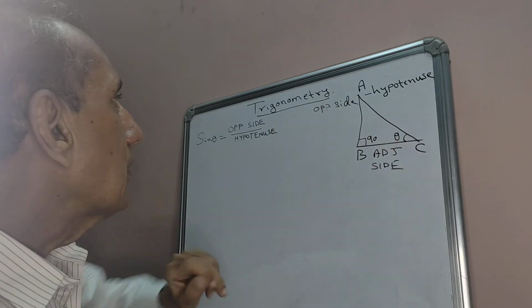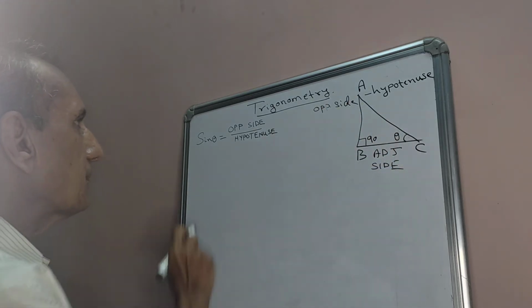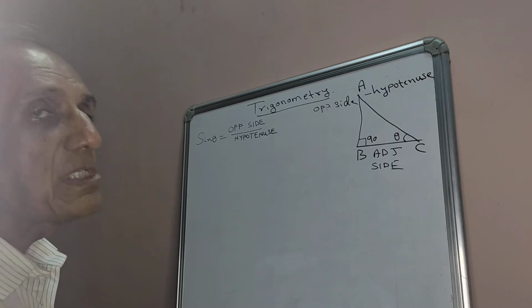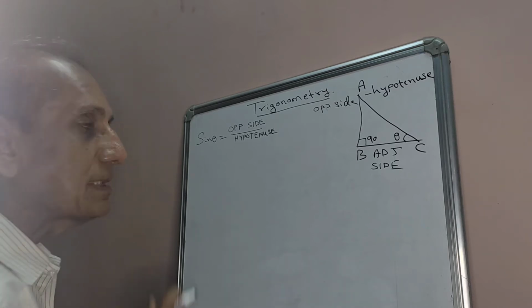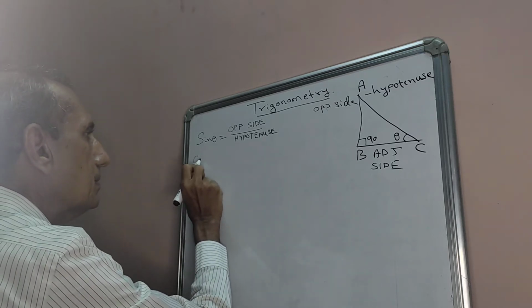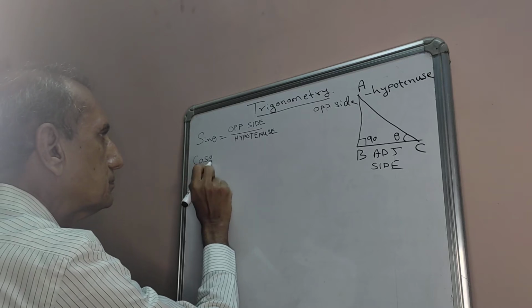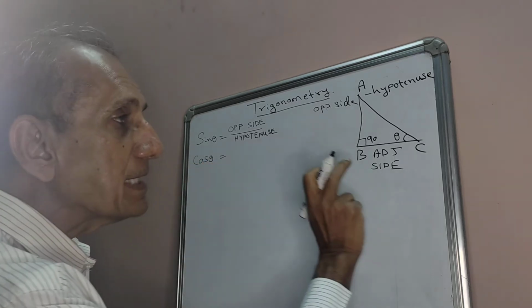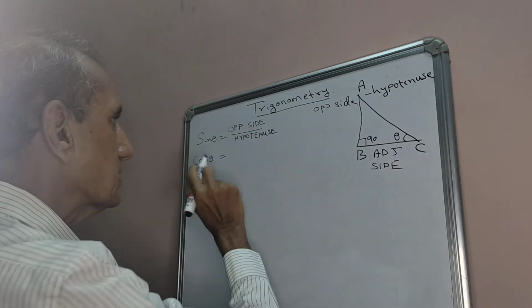Correct? Now, similarly, cosine theta. It's a complement of sine, but in short, we call it cos theta. What is cos theta? Cos theta is adjacent side by hypotenuse.